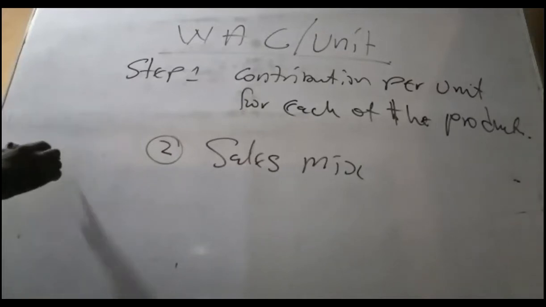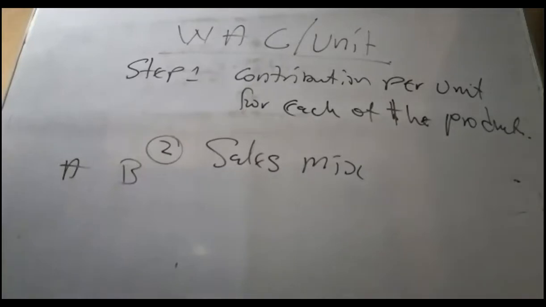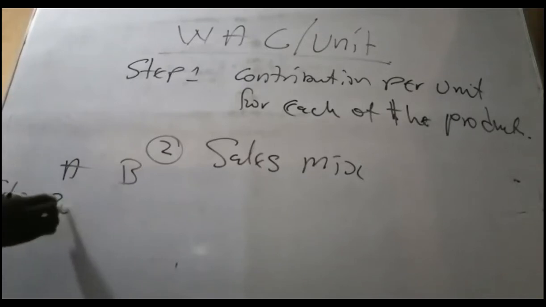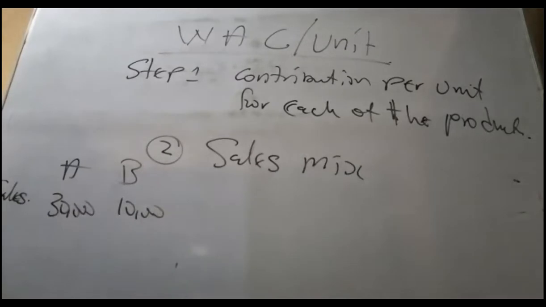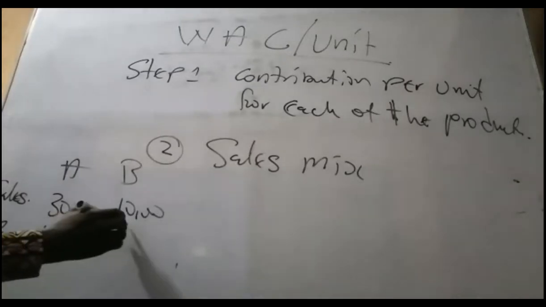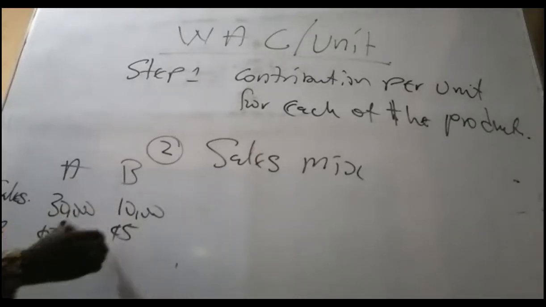So let's assume I have product A and product B. The sales units are, let's say, 30,000 and 10,000 units. The selling price here is 20 cedis, and here is 5 cedis.